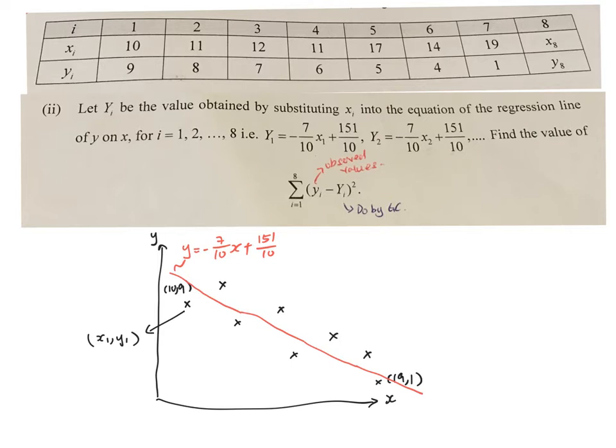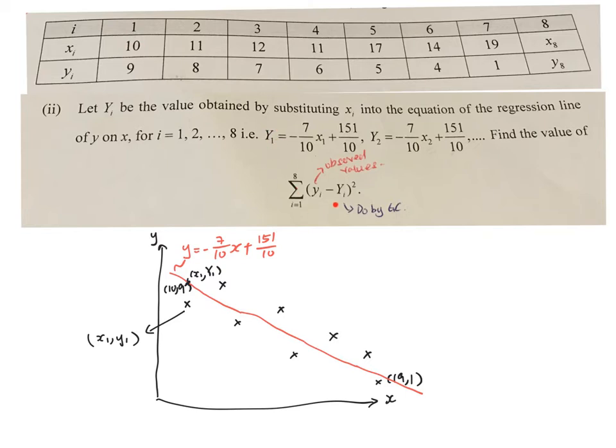So when we look at this difference here, where's the capital Y1? This is like x1 and capital Y1, because capital Y1 is the y coordinate of the point on the regression line, based on this regression line. For this value of x1, we put the x1 in, x1 equals to 10. This is the value of capital Y1, right?